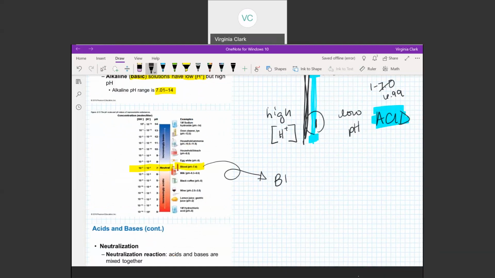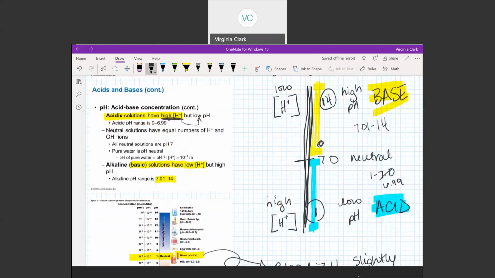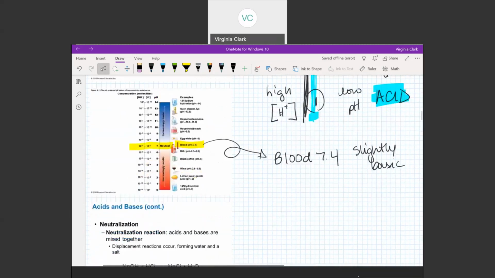So blood is actually going to be 7.4. So that means looking at this, our actual body is going to be slightly basic, because 7.4 will live in this world right here, which falls into our basic world. So our blood, our body, is going to be slightly basic.